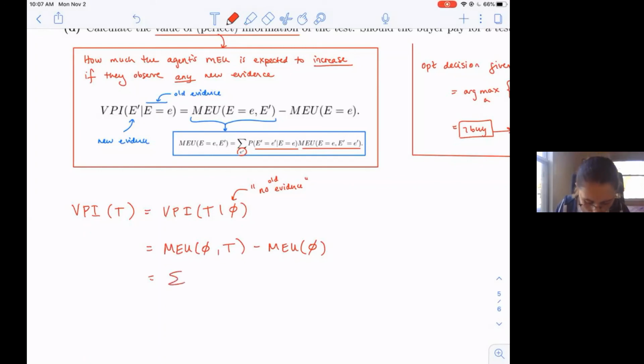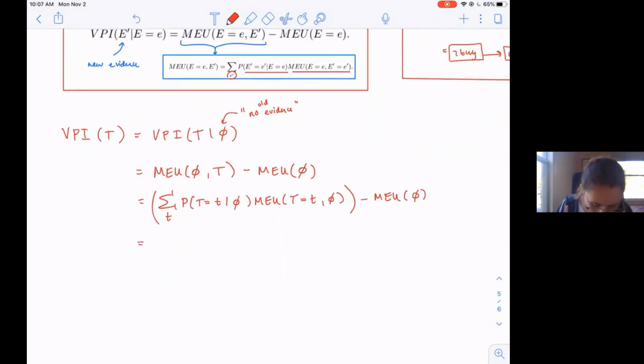So we're going to sum over all possible outcomes of our test and compute P of T equals t, given no old evidence, times the maximum expected utility of that test outcome and no evidence. Then we're going to take that whole quantity and subtract from it the maximum expected utility of no old evidence.